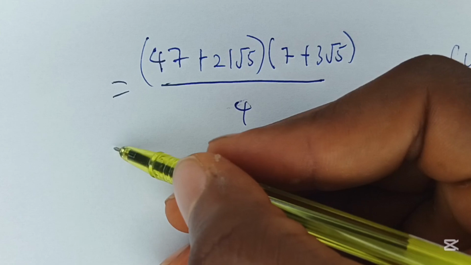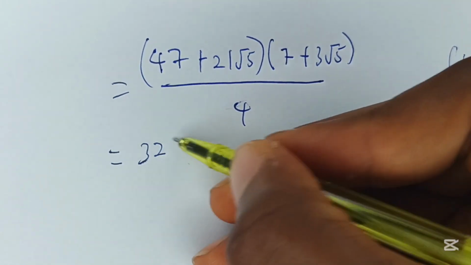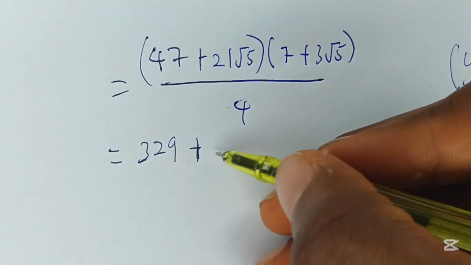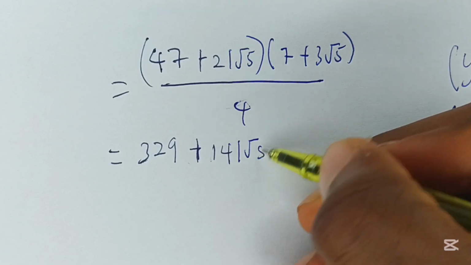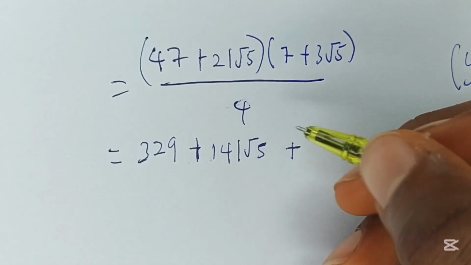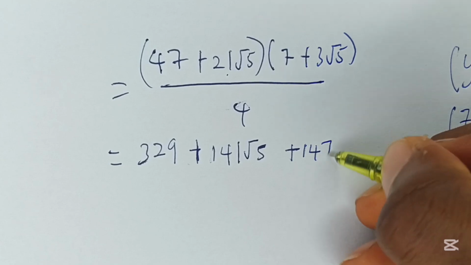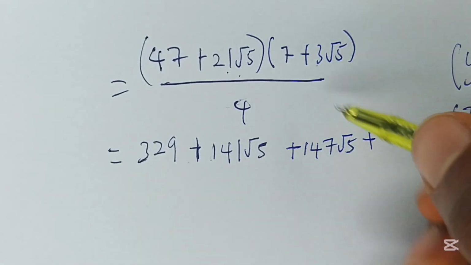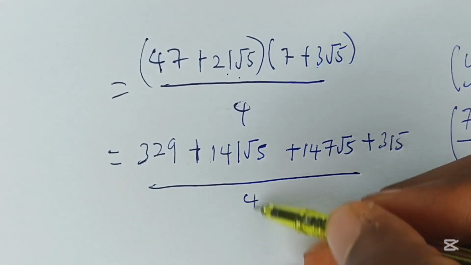Now this becomes equal to 47 times 7, which is 329, plus 47 times 3 root 5 is 141 root 5, plus 21 root 5 times 7 is 147 root 5, plus 21 root 5 times 3 root 5 is 315, all over 4.